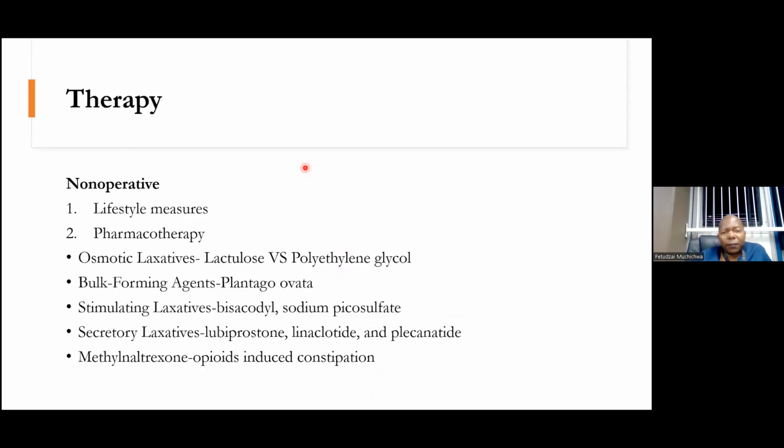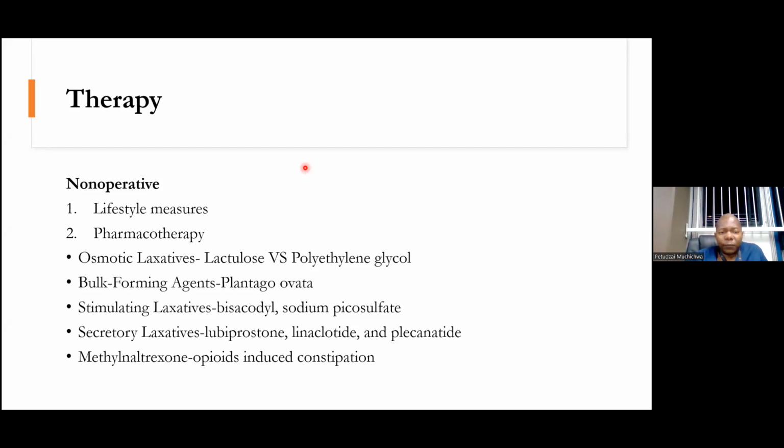In terms of management of these patients, we have non-operative and operative measures. For the non-operative, we have to advise on lifestyle measures. Lifestyle measures include a high fiber intake, often referred to as 20 to 30 grams; other texts will say 25 to 30 grams per day.